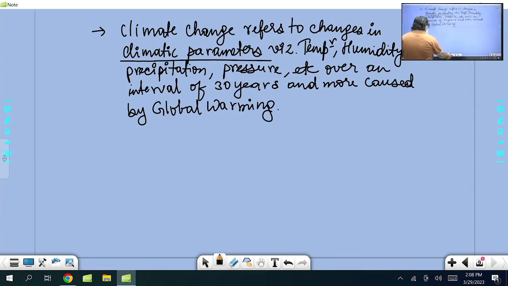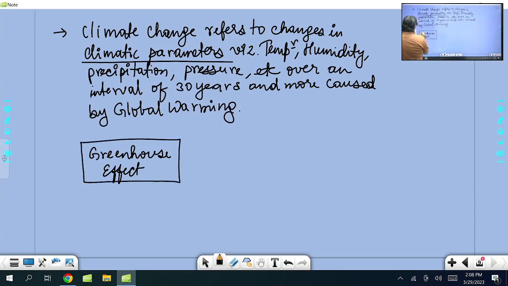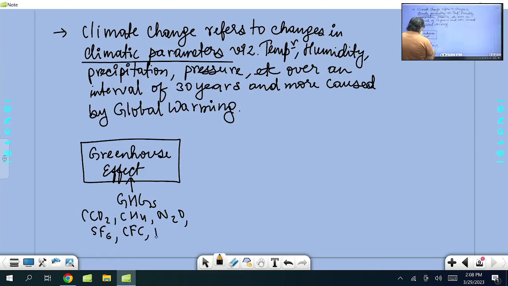I can simply say that greenhouse gases cause the greenhouse effect, such as carbon dioxide, methane, nitrous oxide, sulfur hexafluoride, chlorofluorocarbon, freon used as refrigeration, hydrofluorocarbon, perfluorocarbon, even ozone, even water vapor, H2O.